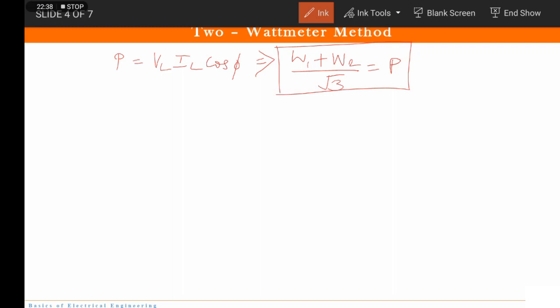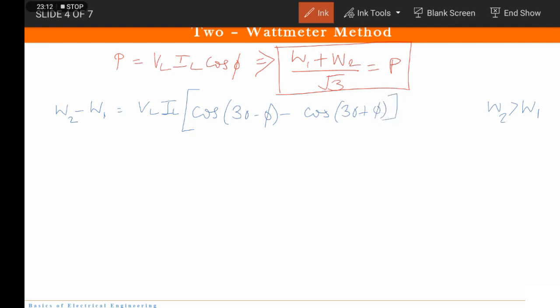What I will do now is, instead of adding these two, subtract these two. Here I am assuming that W2 is greater than W1. It can be either way; it can be W1 minus W2 also. So when we do that, we get VL IL, which is obviously common, so I am skipping that step, cos(30 minus 5) minus cos(30 plus 5).